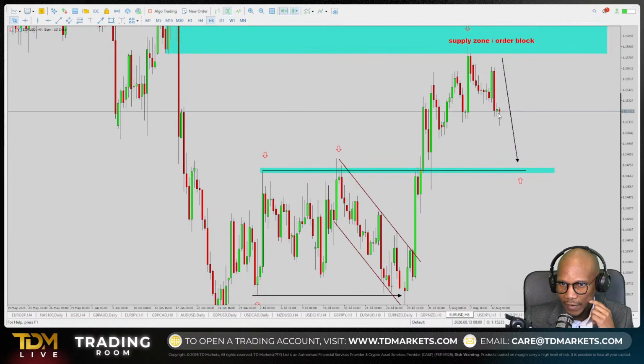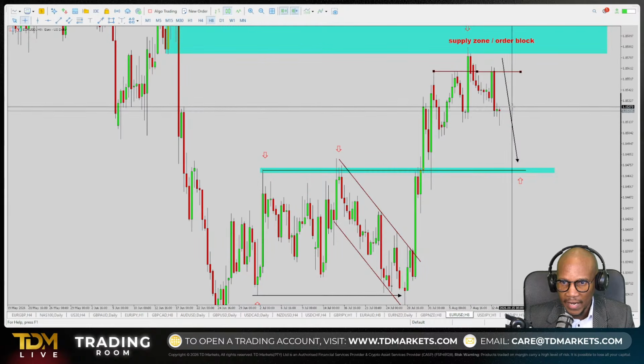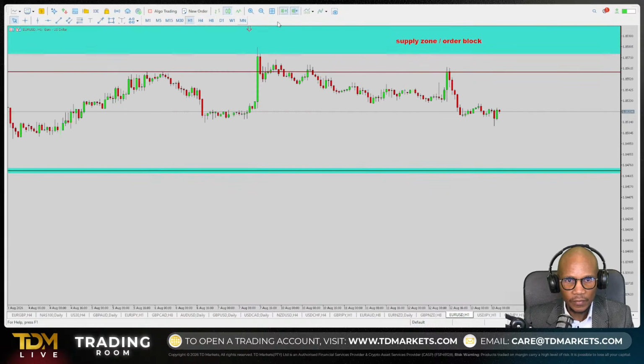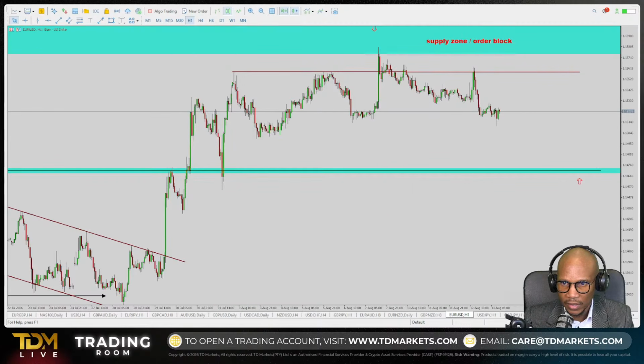So if I was looking to sell Euro USD, I would sell it down to this low, to the structure, right? Unless price changes altogether here, but I'm looking to sell it all the way down. Let's see the 1 hour time frame.